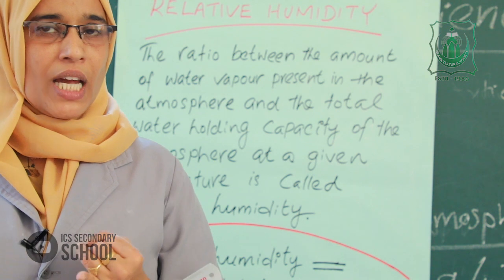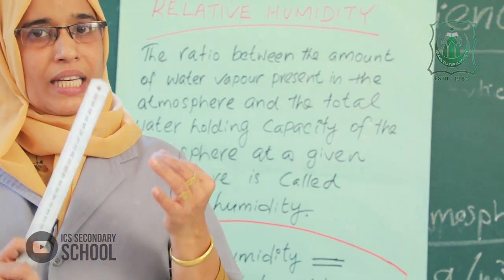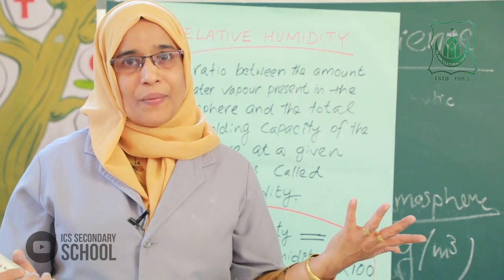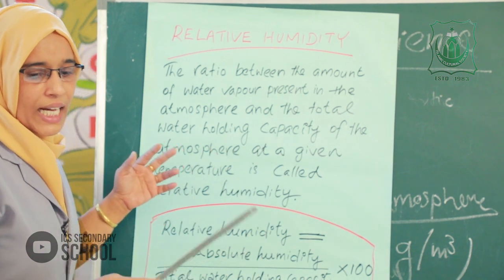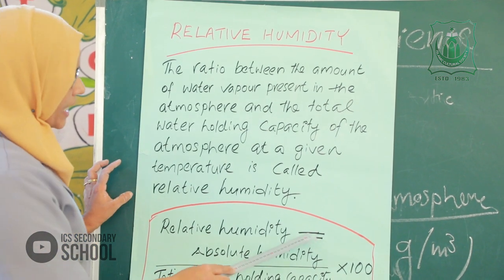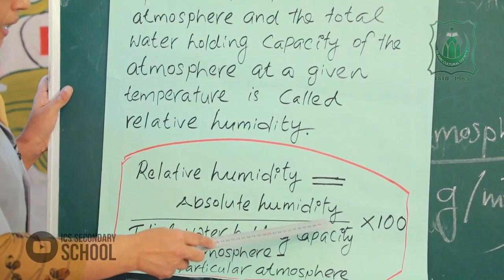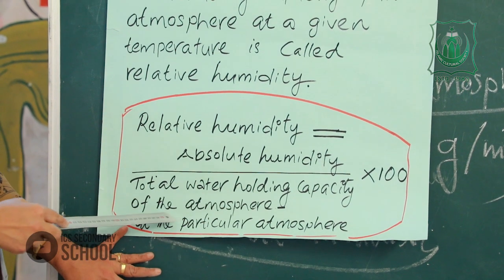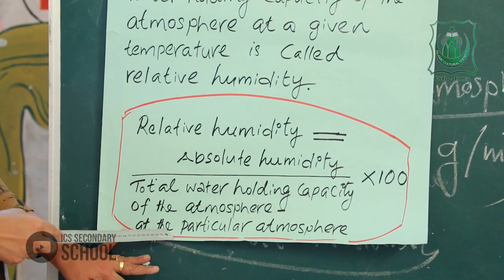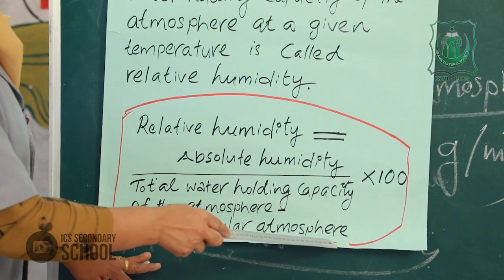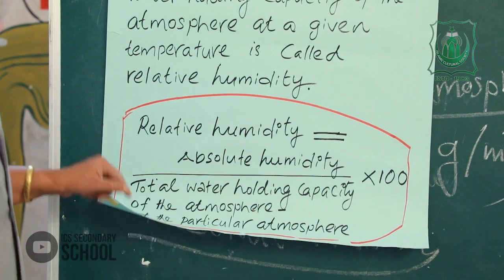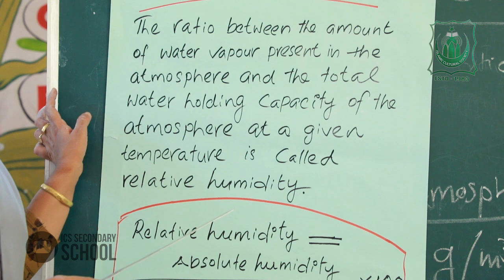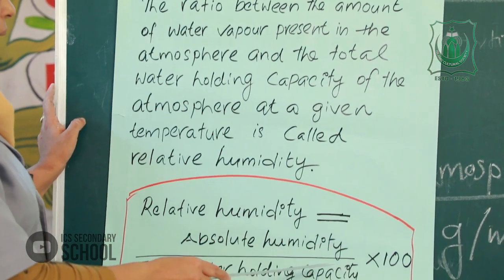What is humidity? What is absolute humidity and what is relative humidity? Then how is it calculated? Relative humidity is equal to absolute humidity divided by the total water holding capacity of the atmosphere at that particular temperature, multiplied by 100.